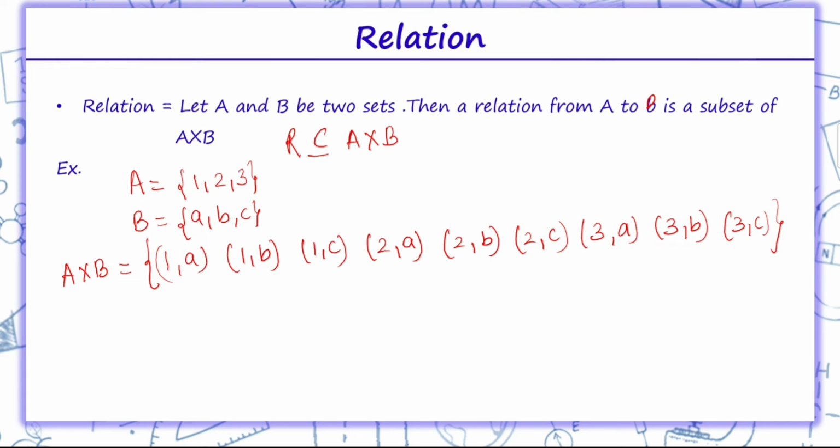This is Cartesian product. Now here if we see, we are also provided that relation. Now what is this relation?